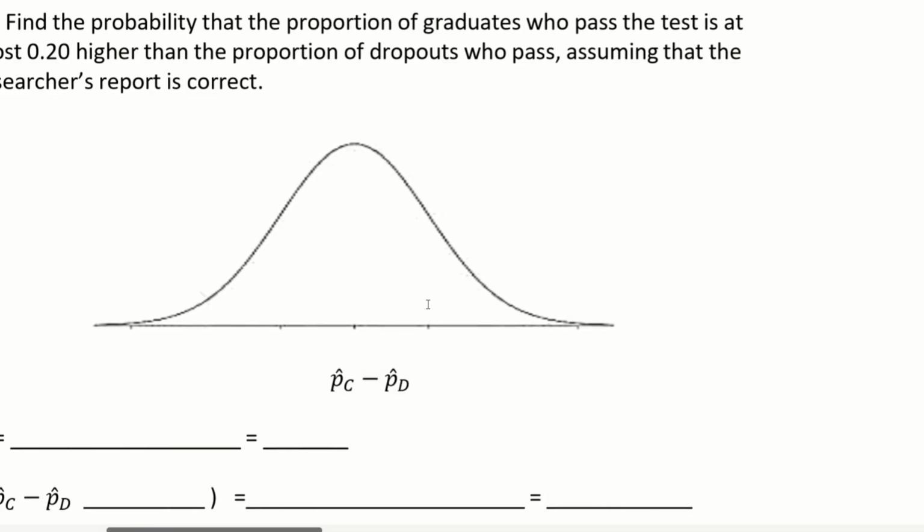At most means less than or equal to. So they want p hat g minus p hat d to be less than or equal to 0.20.